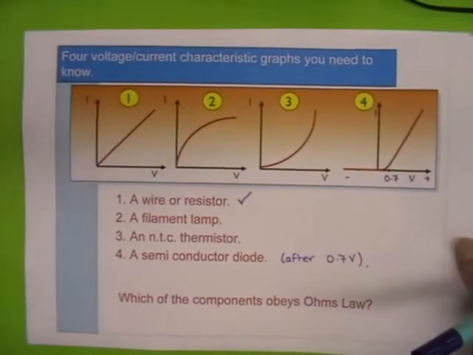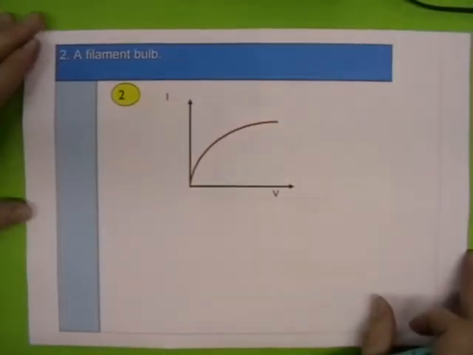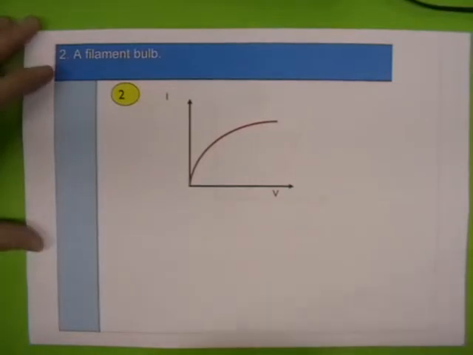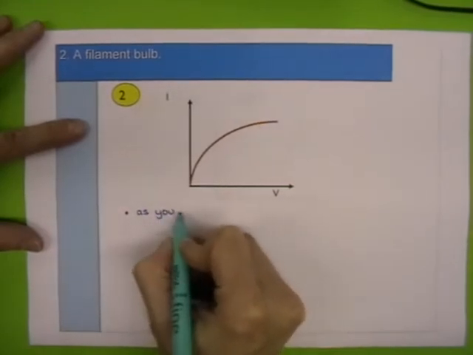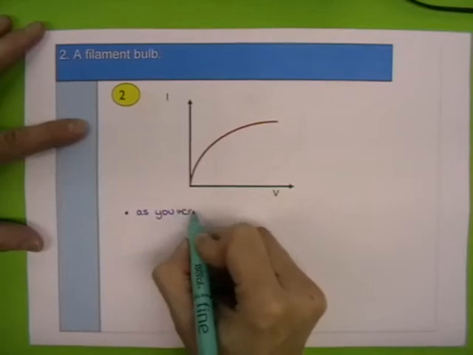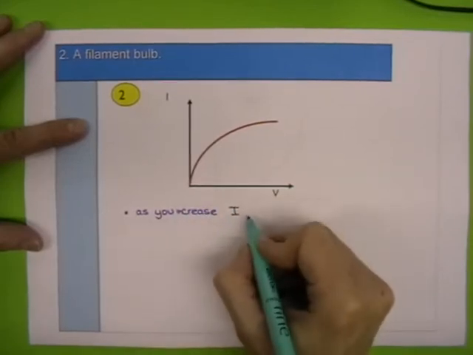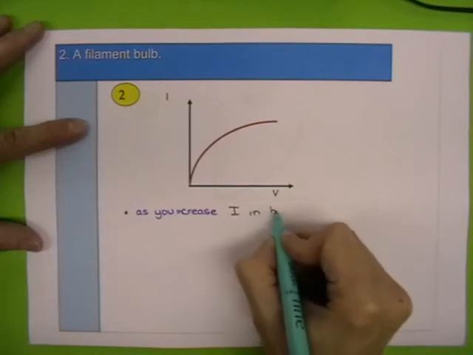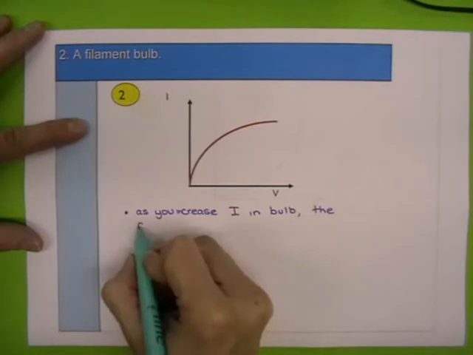Now I'll explain 2, 3 and 4. A filament bulb. Sometimes you're asked, why is the shape of the graph the way it is? And the reason is that as you increase current in a filament bulb, the filament starts to heat up.